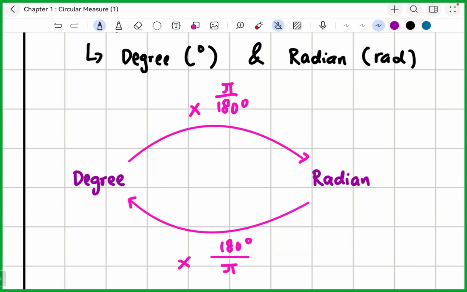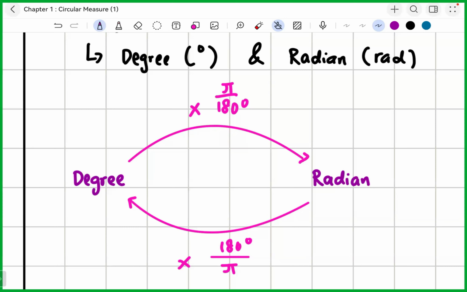Some of the students will ask me, what is the value of pi? Should I use 22 over 7 or 3.142? In MX, we do not use 22 over 7. We only use 3.142 as the value of pi.